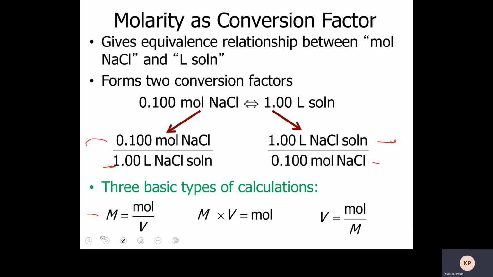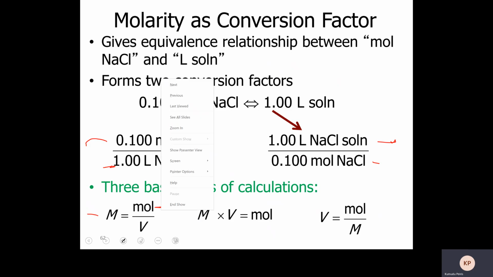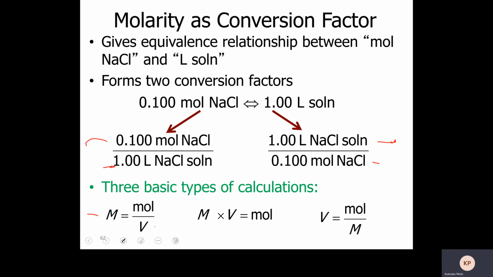First, we can calculate the molarity by dividing the moles by its volume, or you can find the moles by multiplying the molarity by its volume, or you can calculate the volume by dividing the moles of the substance by the molarity of that solution.